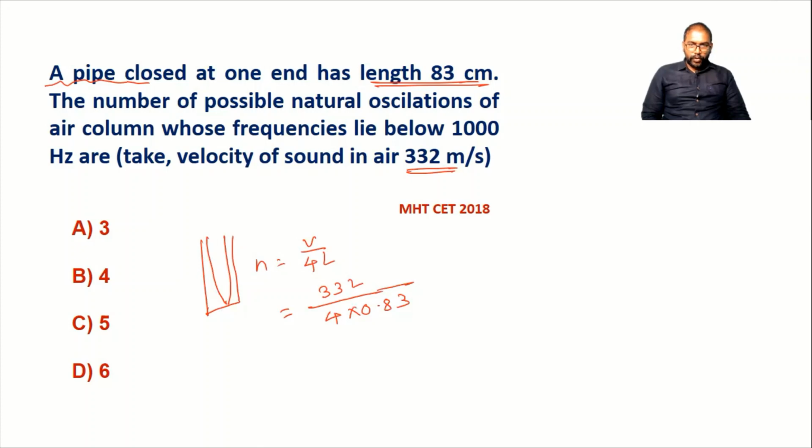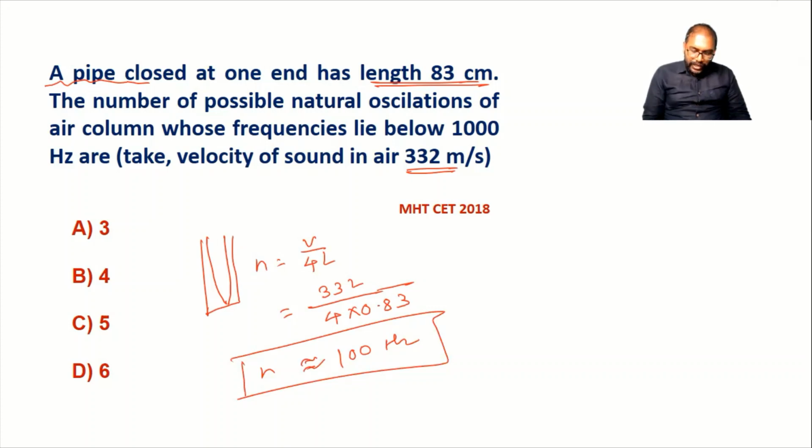After solving this, I think we get near about 100 hertz as the fundamental frequency. Now this pipe closed at one end vibrates at N, 3N, 5N, 7N, 9N, then 11N, odd integral multiples of the fundamental.